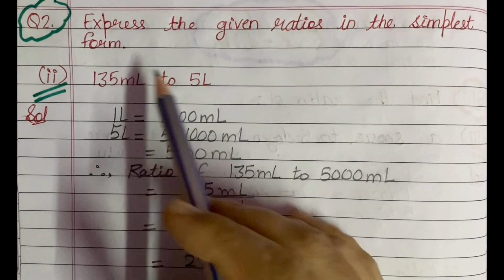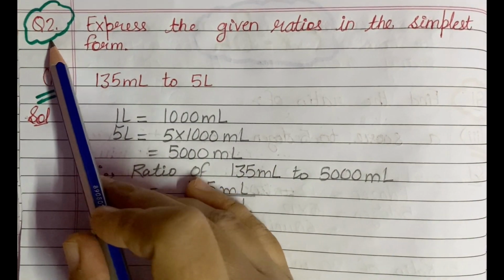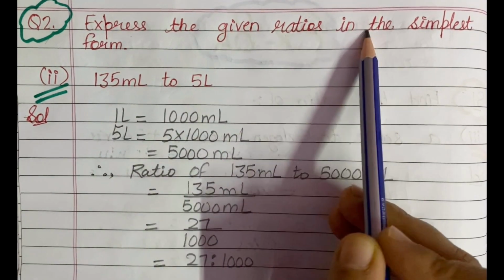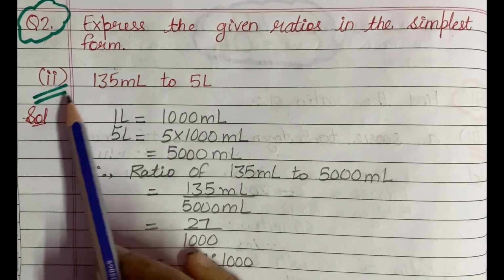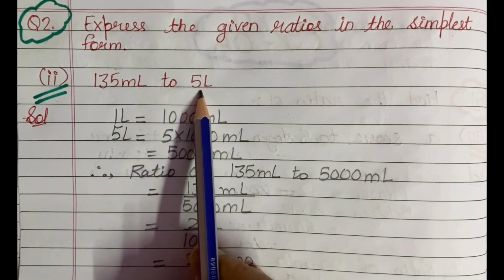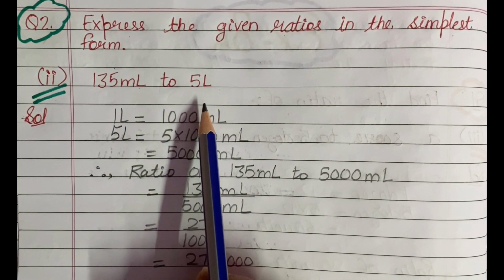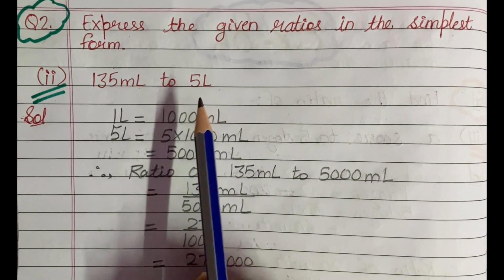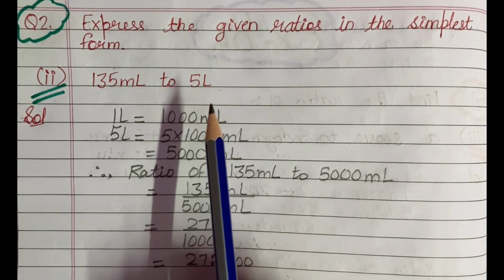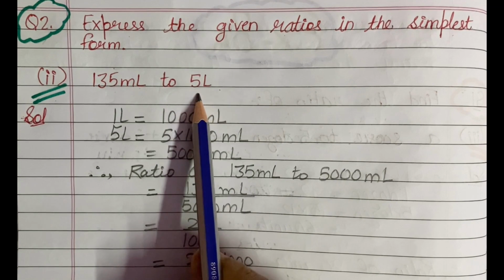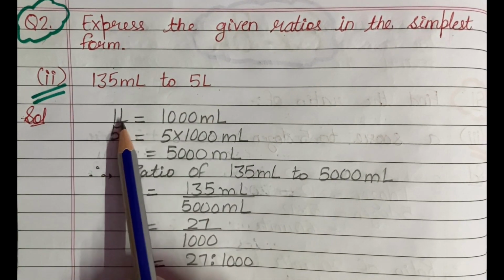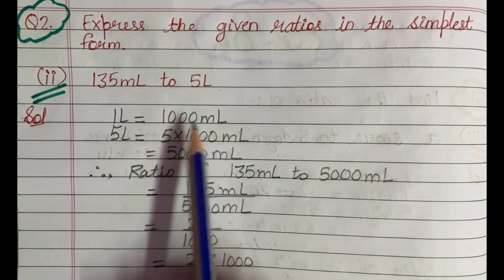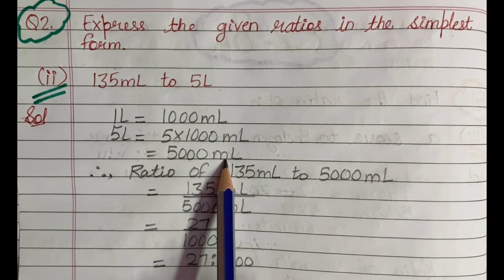Next is question number 2, and question number 2 says that express the given ratios in the simplest form, and I have taken the second part and it says 135 milliliter to 5 liter. Now students, in this question first of all we will make the unit the same. So for making the unit the same, we will convert this 5 liters into milliliters, and we know that 1 liter is equal to 1000 milliliters, so 5 liter is equal to 5000 milliliter.